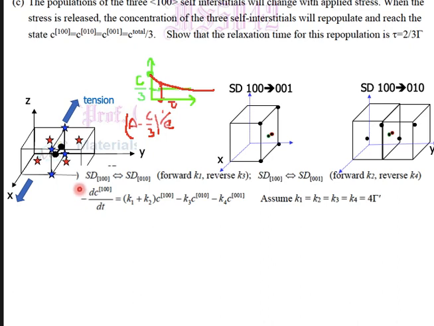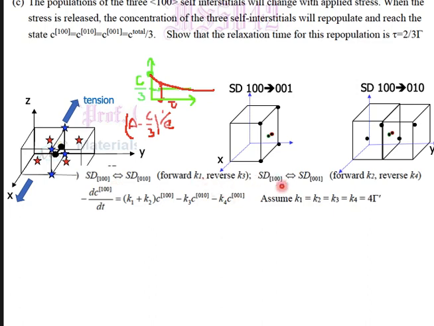So based on that, I suggest you use this one, because let's follow these reactions we just showed you. The concentration change as a function of time can be expressed with the rate constants. The rate constant K1 is for the change from 100 to 010, and the backward or reverse reaction is K3. And also 100 probably will change to 001, so the rate constant we call K2, and the reverse one we call K4.